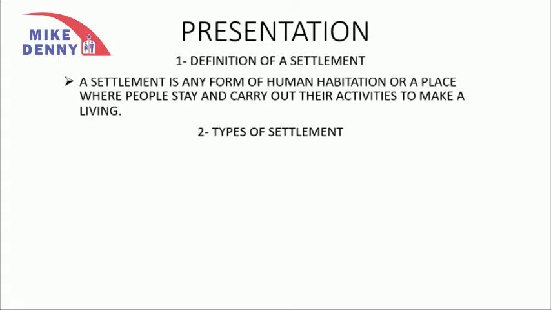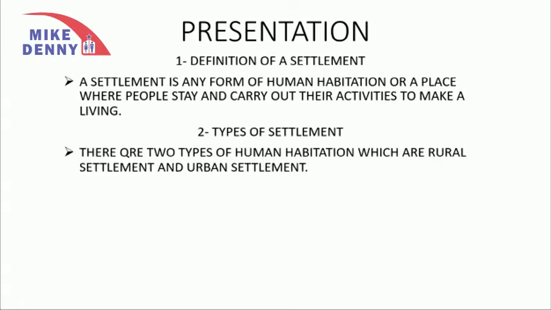What are the types of settlement? We can distinguish two types of settlements, which are rural settlements and urban settlements. I repeat, rural settlements and urban settlements.